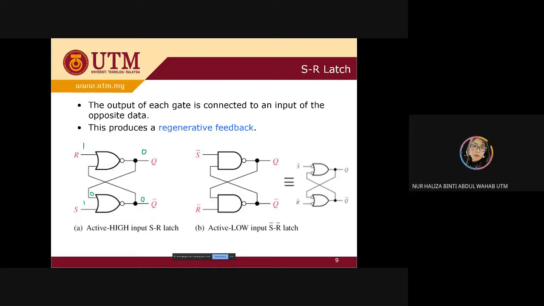Here will be 0. This will be 0. Here will be 0. 0 and 0 cannot. It's called invalid. You try another one more time.